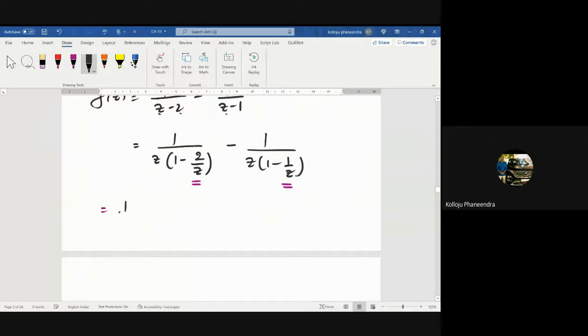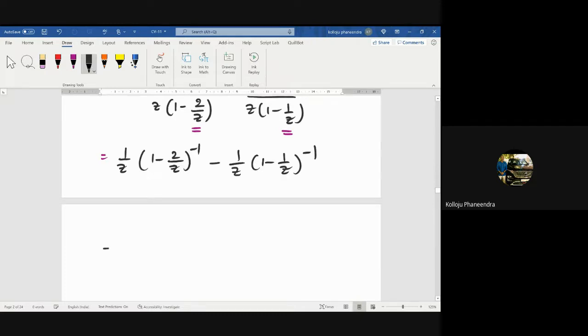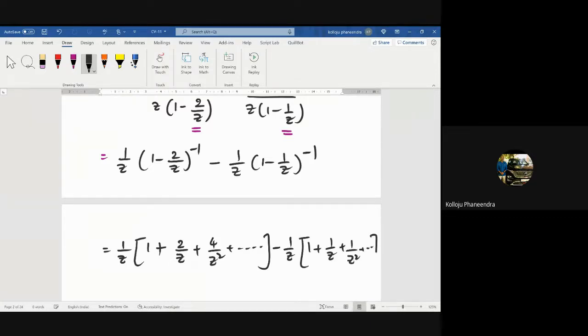So this is 1 by z, 1 minus 2 by z whole power minus 1, minus 1 by z, 1 minus 1 by z whole power minus 1. Expansion is 1 plus 2 by z plus 4 by z square and so on, minus 1 by z, 1 plus 1 by z plus 1 by z square and so on.